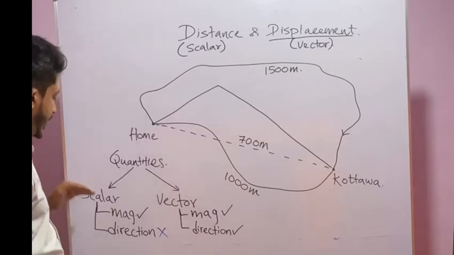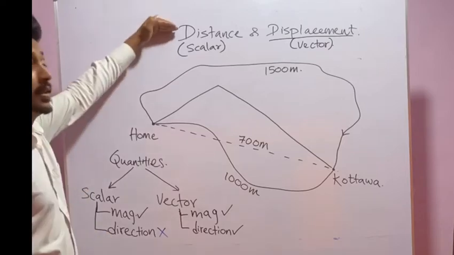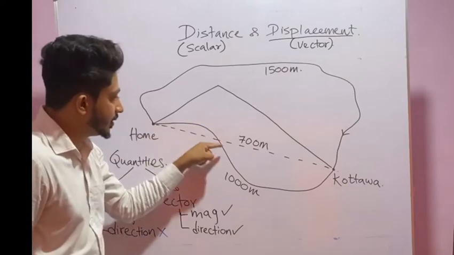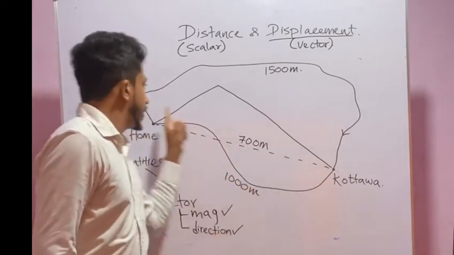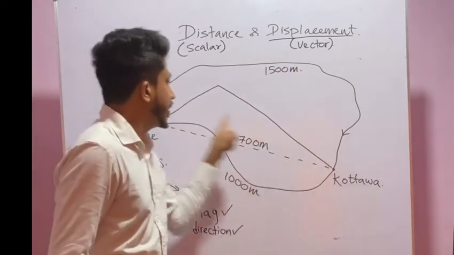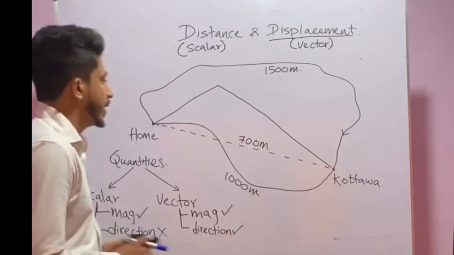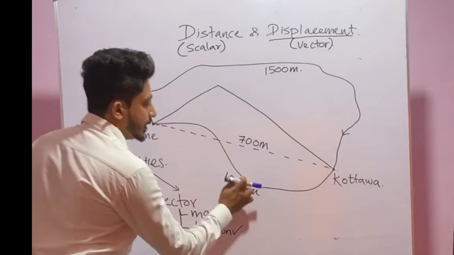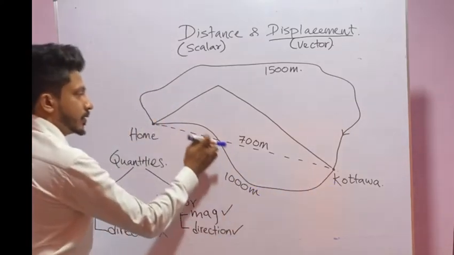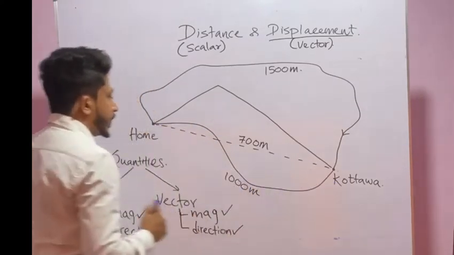Scalar quantity, that means distance. So I know this is the distance. This is a distance, but this is displacement. Let's choose one distance. I choose this path.